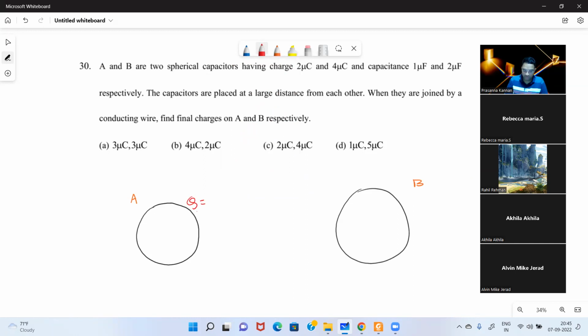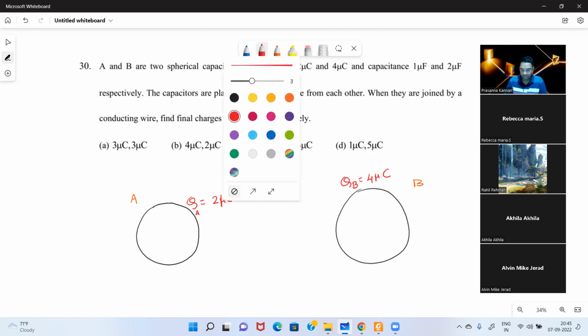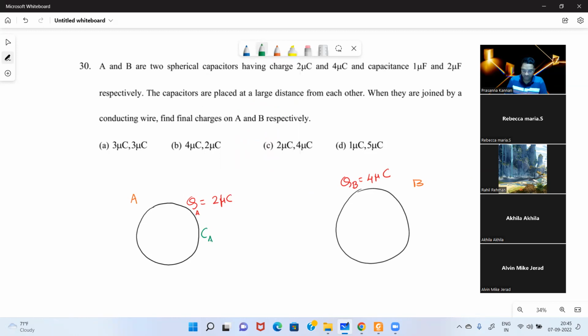So the charge on A is 2 microcoulomb. And the charge on B is equal to 4 microcoulomb. And capacitance of A is given to be 1 microfarad. Capacitance of B is given to be 2 microfarad, all right?